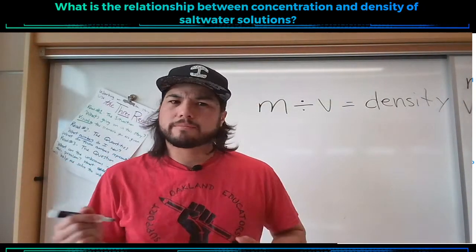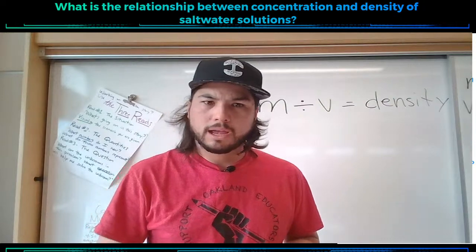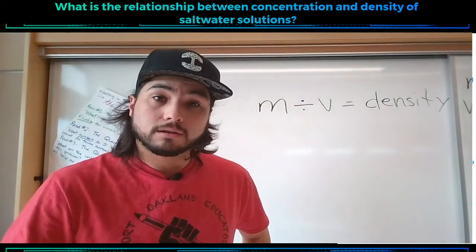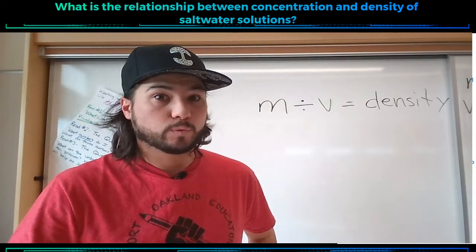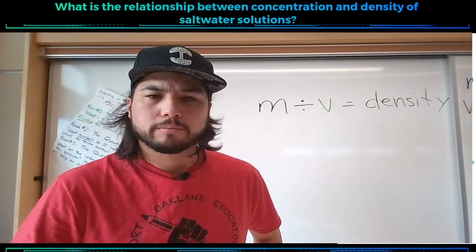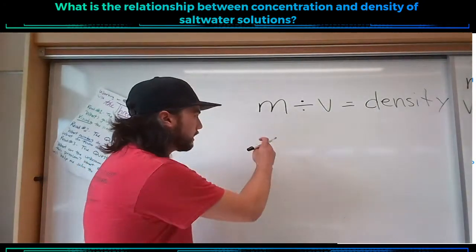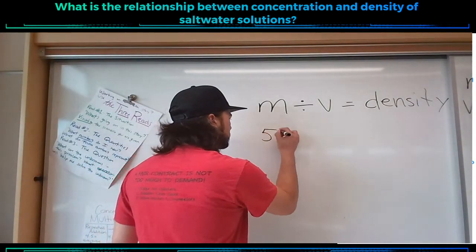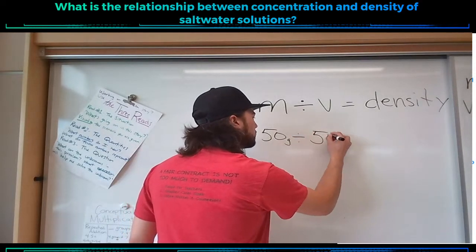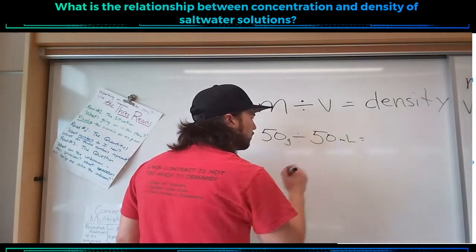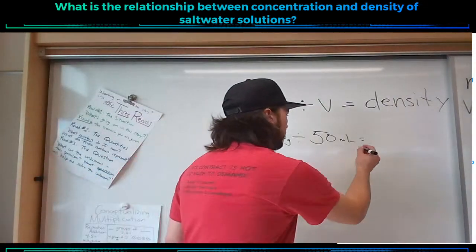Remember when we talked about fresh water, how 50 milliliters of water equaled 50 grams in mass? Remember when we talked about that back in past lessons? Well, if we plug that into this equation, 50 grams divided by 50 milliliters equals what? What's 50 divided by 50?